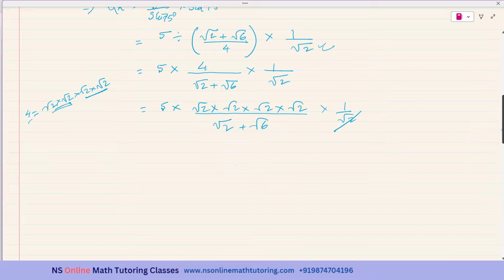Okay, so one of the root 2's will definitely get cancelled, and I'll be having 5 times root 2 times root 2 is 2. So 2 root 2 over root 2 plus root 6. Okay, and this is equal to, so QR, let me write once more, 10 root 2 over root 2 plus root 6.